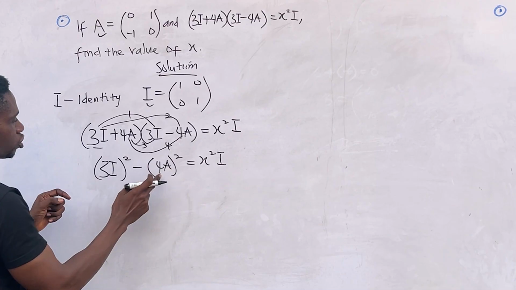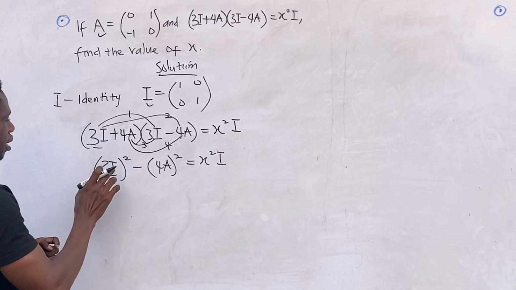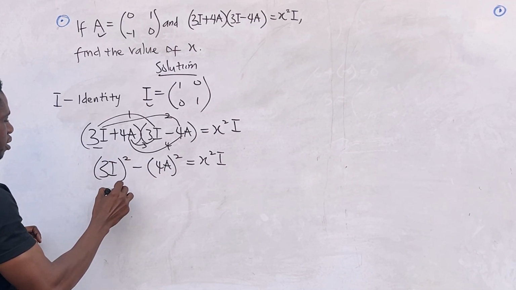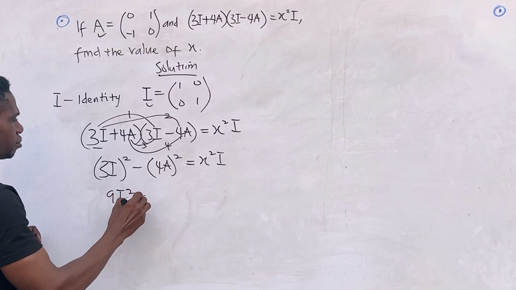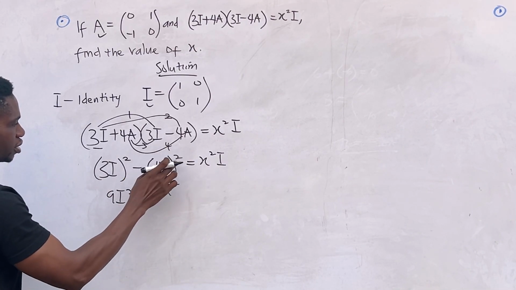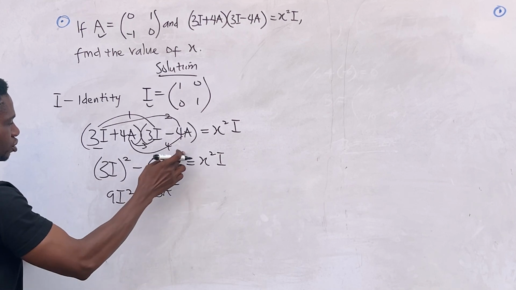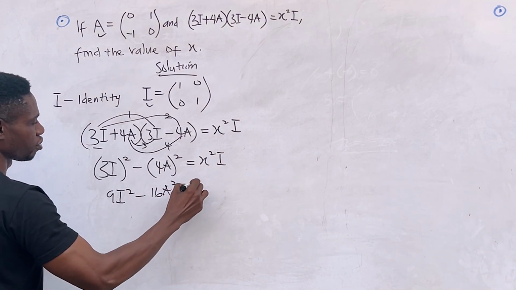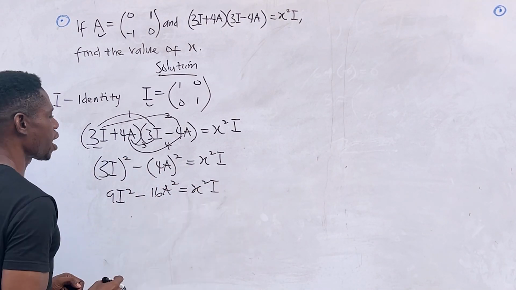But we have a conjugate, so we are going fast. Now this will give us 9I squared minus 16A squared. Remember your indices, 4 squared is 16A squared. So that will give us x squared I.